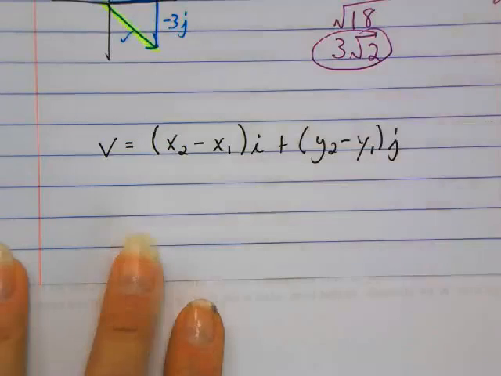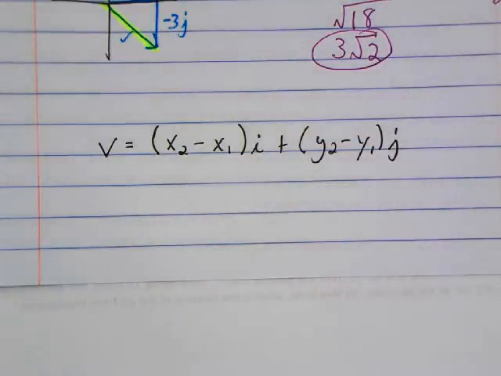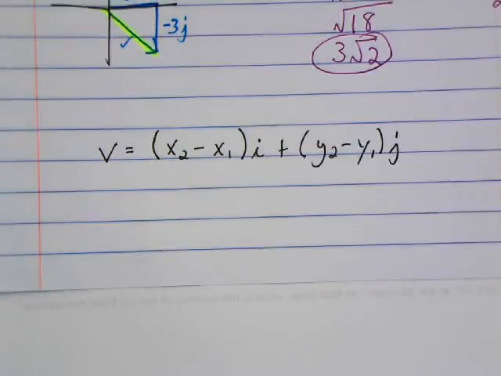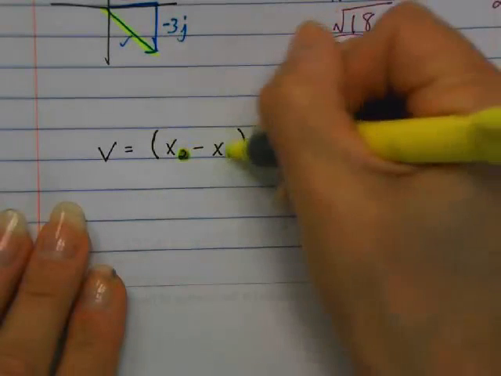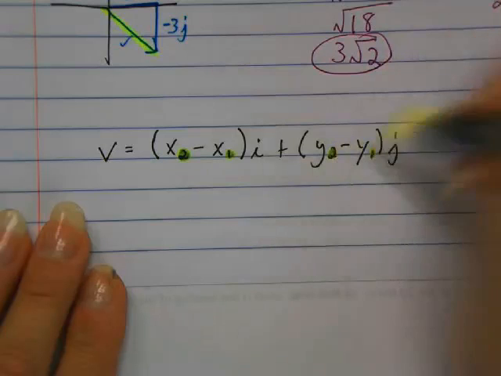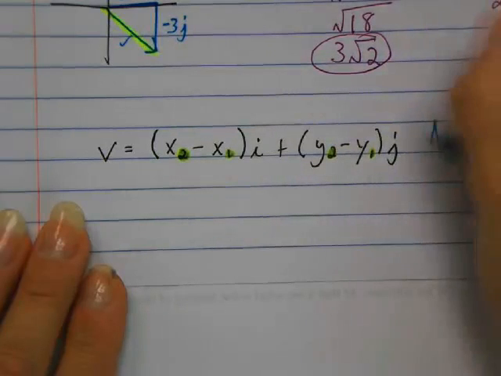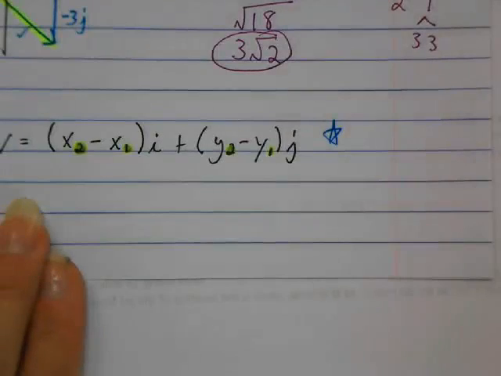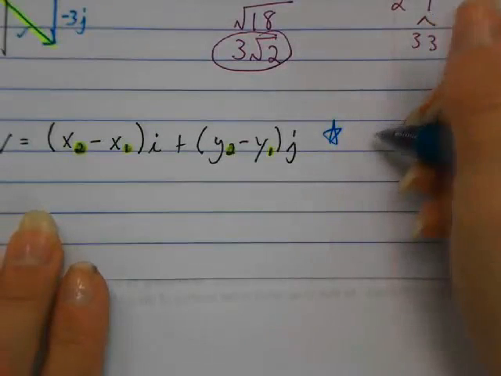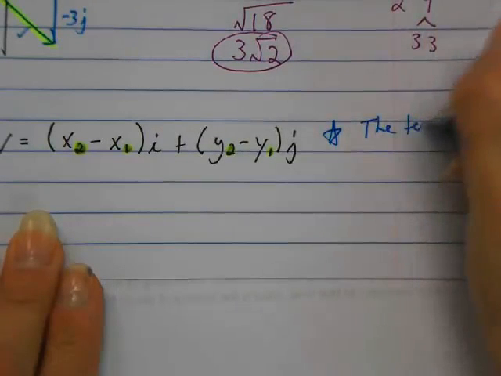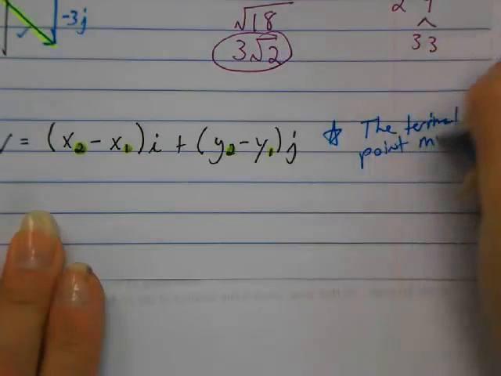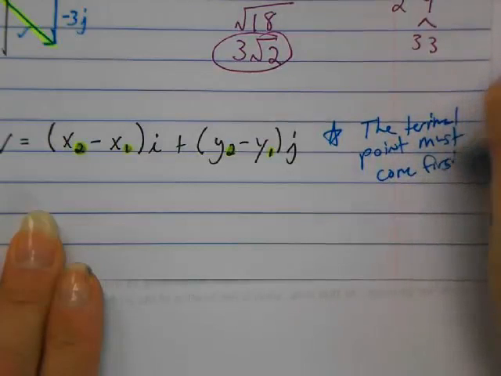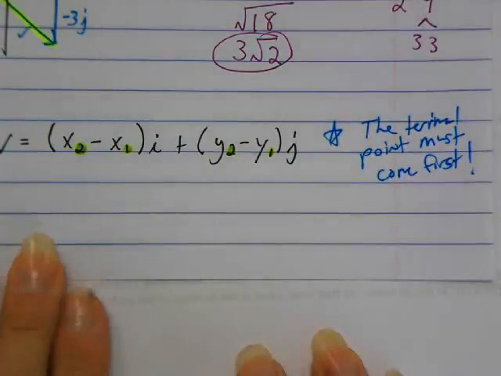Now, remember when you guys did slopes, it didn't matter whether you did the 1s or the 2s first, but for vectors, the second point has to come first. Okay, so let's write that out. The second point, which is the terminal point, must come first. If not, you get the wrong sign for your vector.